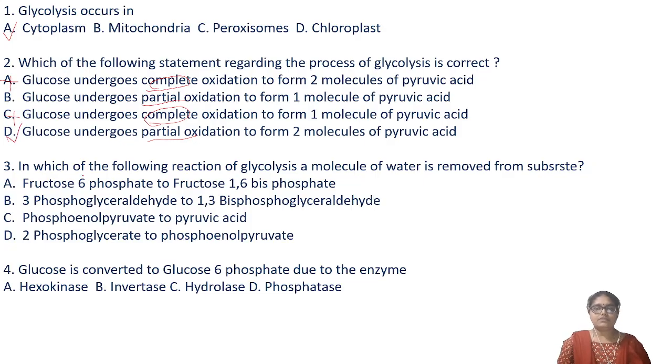Next question, third. In which of the following reactions of glycolysis is a molecule of water removed from the substrate? Option A, fructose 6-phosphate to fructose 1,6-bisphosphate. It is not true. 3-phosphoglycerate to 1,3-bisphosphoglycerate. It is not true.